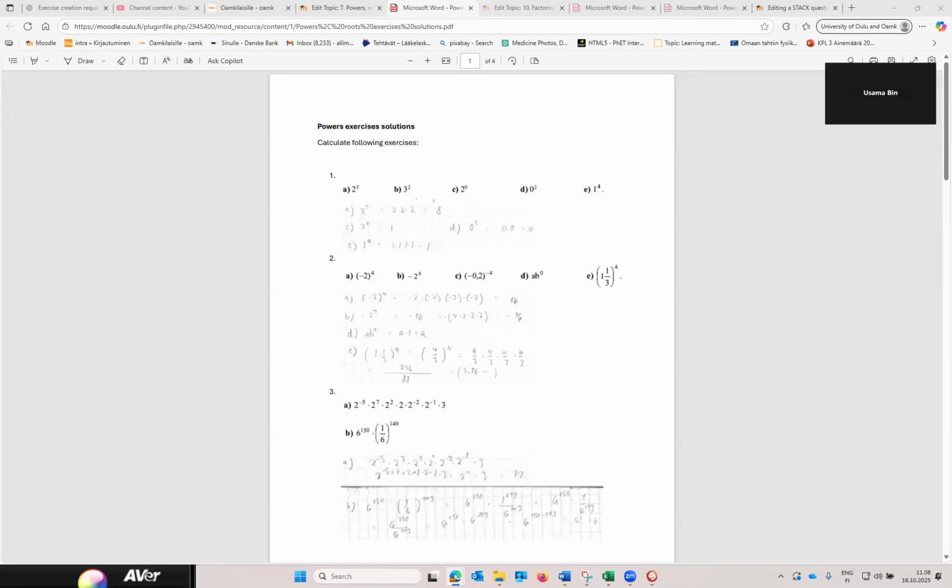So then I get 4, and when there's 3 A's multiplied with each other, then you can mark it a bit shorter way like this, and then the B. Yeah, this makes sense.